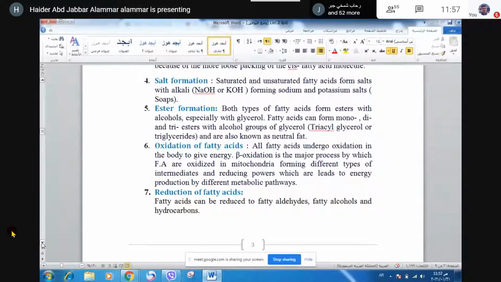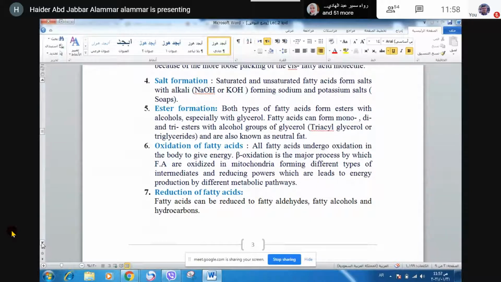So fatty acids can form mono-, di-, and tri-esters with the alcohol groups of glycerol. If all three carbon atoms of glycerol are connected with fatty acids, this is called a triacylglycerol or triglyceride, which is known as a neutral fat, the commonest type in our dietary lipid or fat.